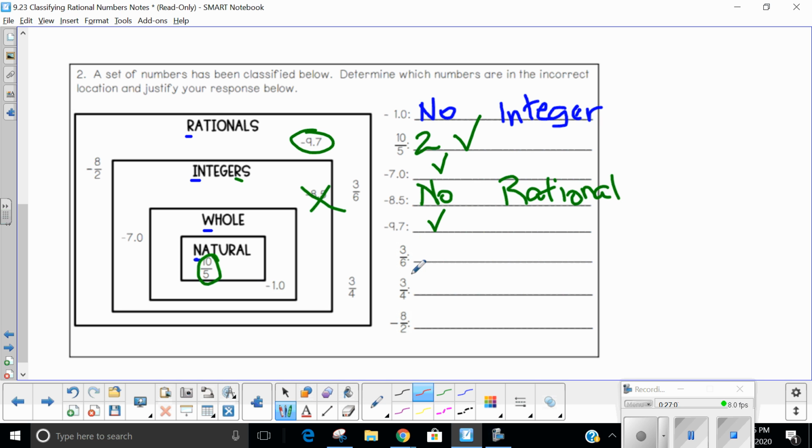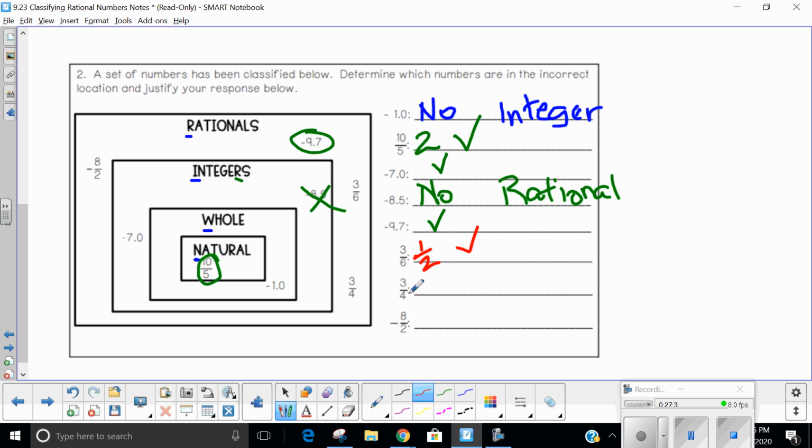Now remember, you want to try to divide this out if you can. 3/6 really equals 1/2. So 1/2, that's a fraction. So we know it has to belong in the rationals because it's not a whole number. So is 3/6 classified as a rational? Yep, it's in the rational section, so that's good.